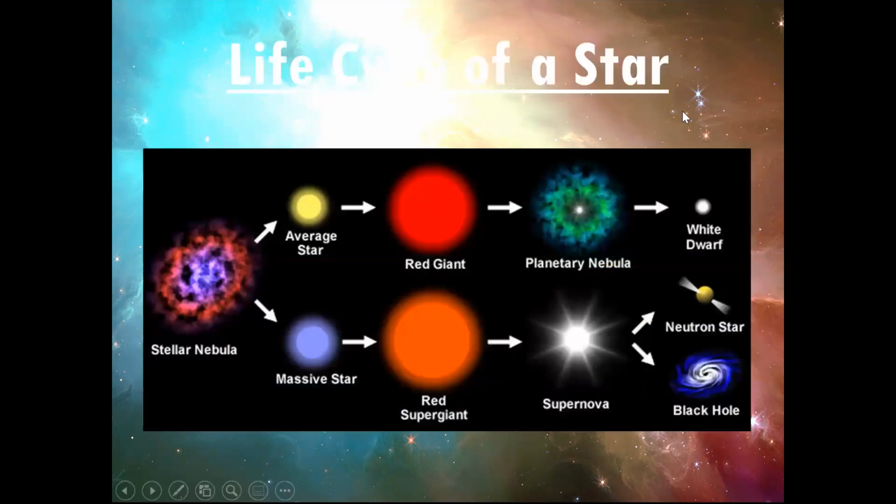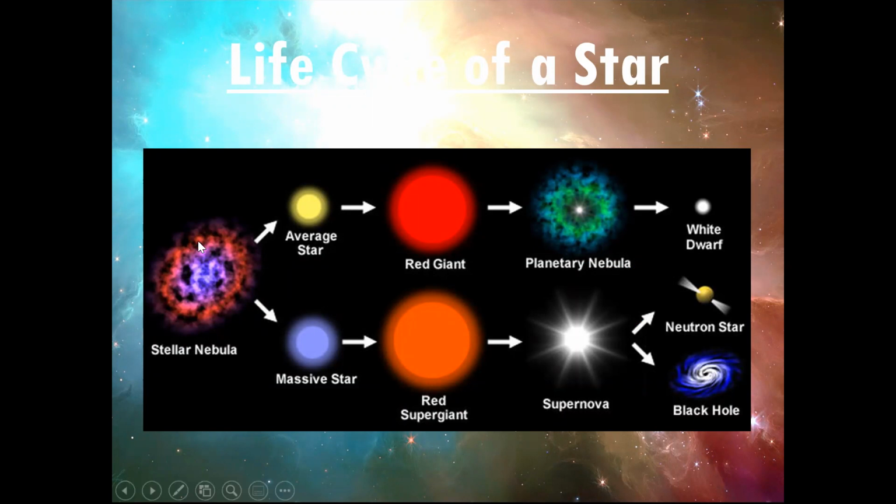So basically, for the life cycle of the star, here's a really good picture explaining what is happening at each stage. So stellar nebula, like I said before, all stars start off here. You've got dust, you've got lots of gases as well.